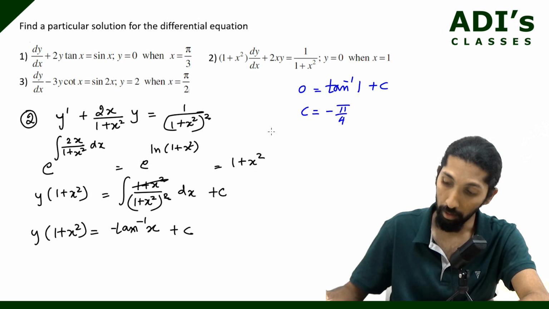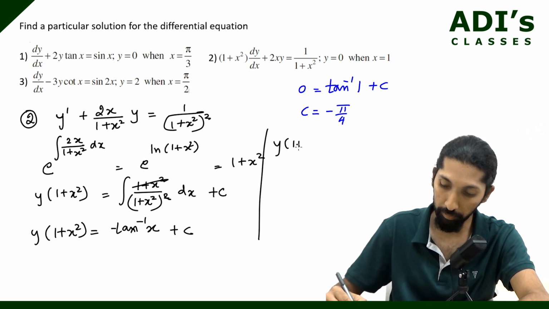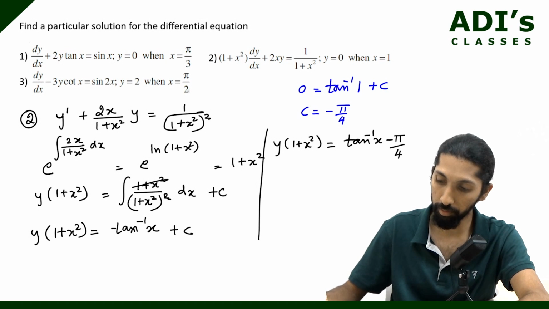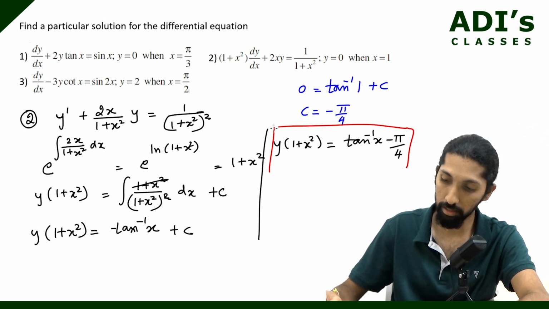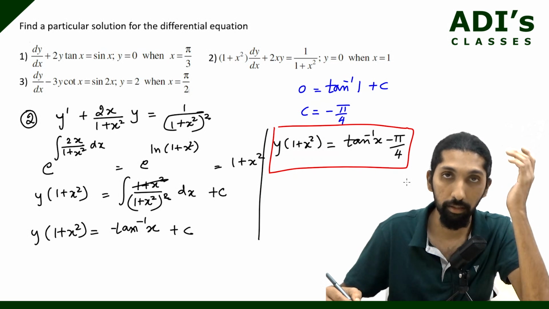Correct? So the final value, y into 1 plus x square is equal to tan inverse of x minus pi by 4. So this is going to be the final answer for the second one.